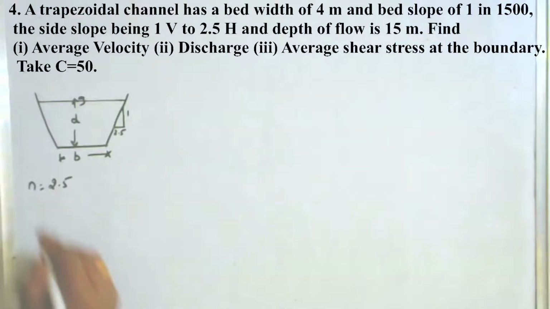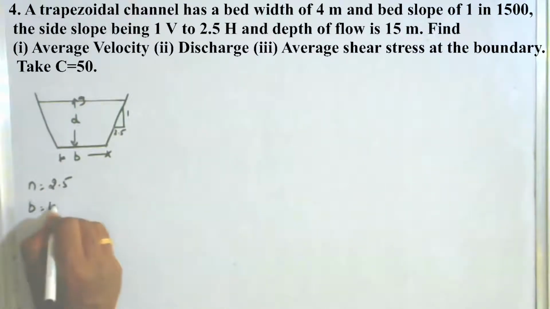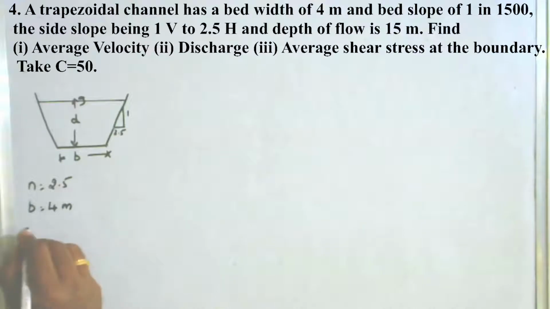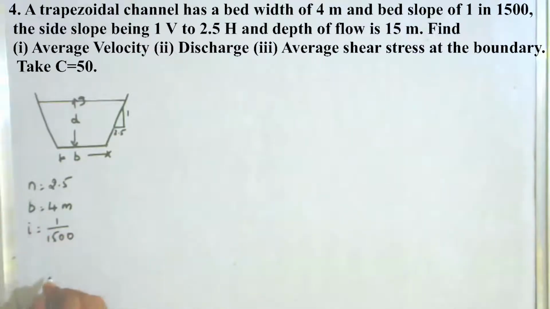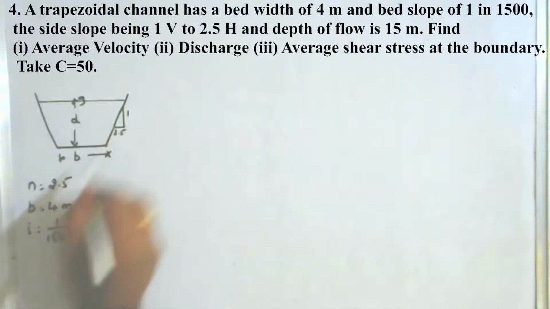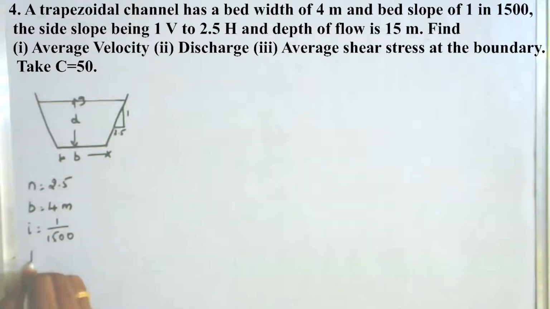So he has given bed width B as 4 meter, then bed slope I as 1 divided by 1500. The side slope, based on that only I have written n value. Then depth D as what? 15 meter. You have to find what is velocity, then what is discharge, and then you have to also find the average shear stress, that is tau value.